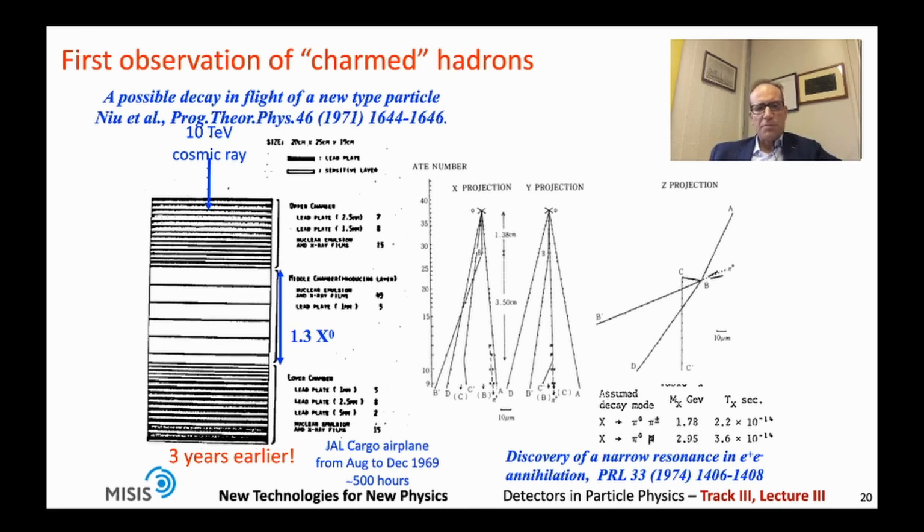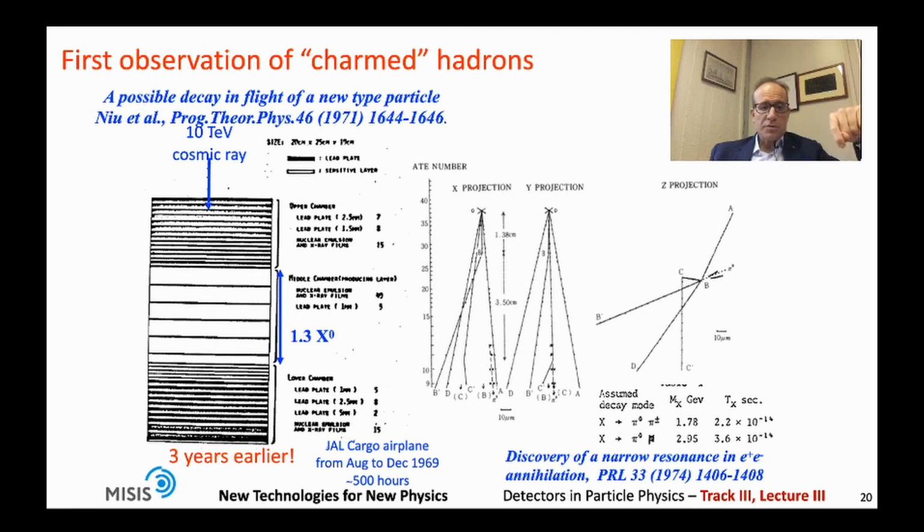But indeed, Professor Niu at Nagoya University had already observed charm pairs produced in a cosmic ray interaction, having designed and constructed an emulsion cloud chamber operating on a cargo airplane of JAL, Japanese Airlines, flying for about 500 hours. And he had also estimated the lifetime of this particle, which is of the same order of magnitude as expected for a charm hadron.